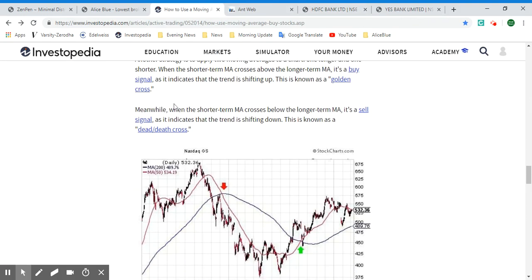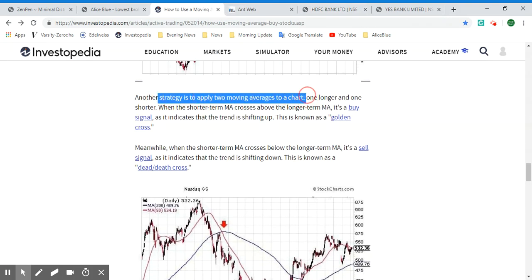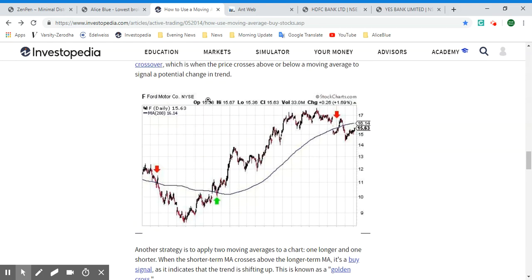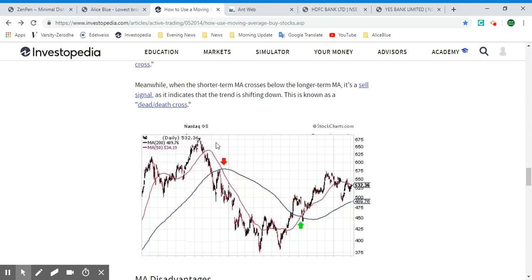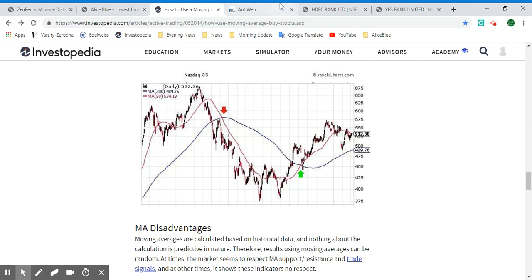So that's how moving averages work, and these are the two most common strategies to be applied using the moving average. You can also use other moving averages as a supportive addition to give a better signaling strategy.